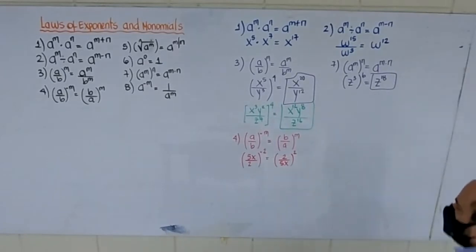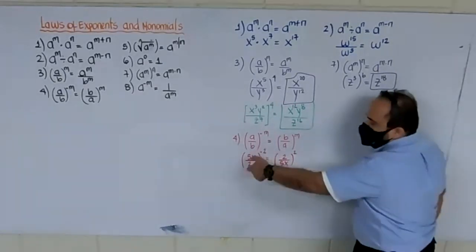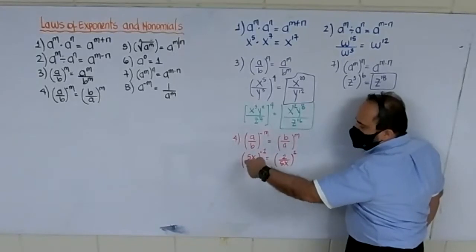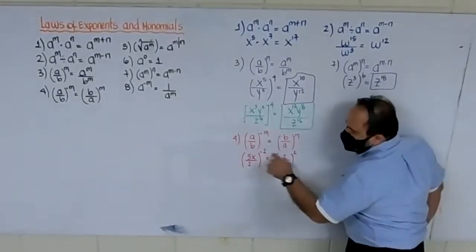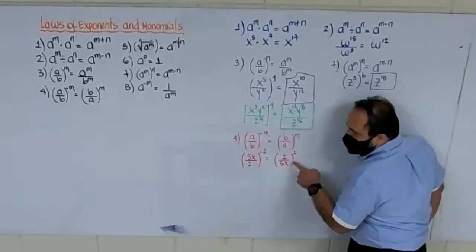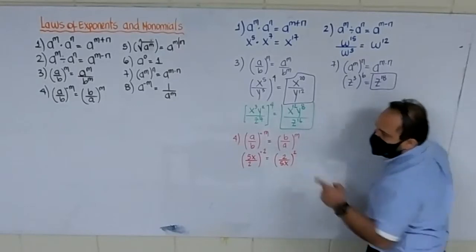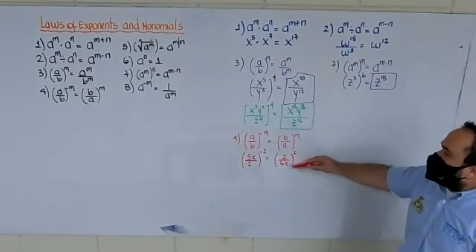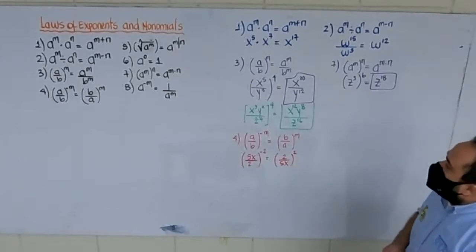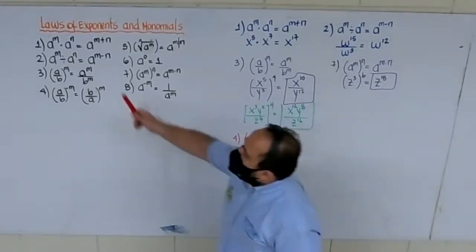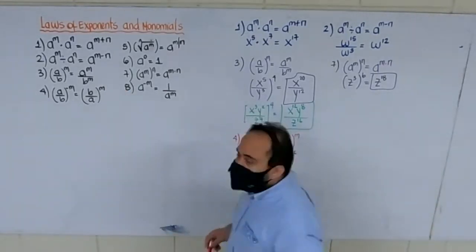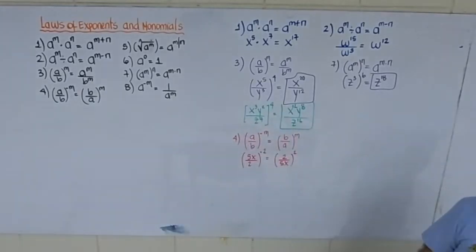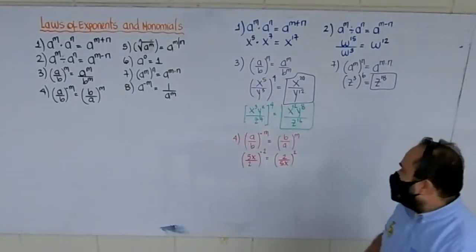Because we are turning this fraction in the opposite direction, and we are changing the sign. But this will not be the answer because we have a fraction elevated to a power, so we can apply rule number 3. First we apply rule 4, and after that, rule number 3.